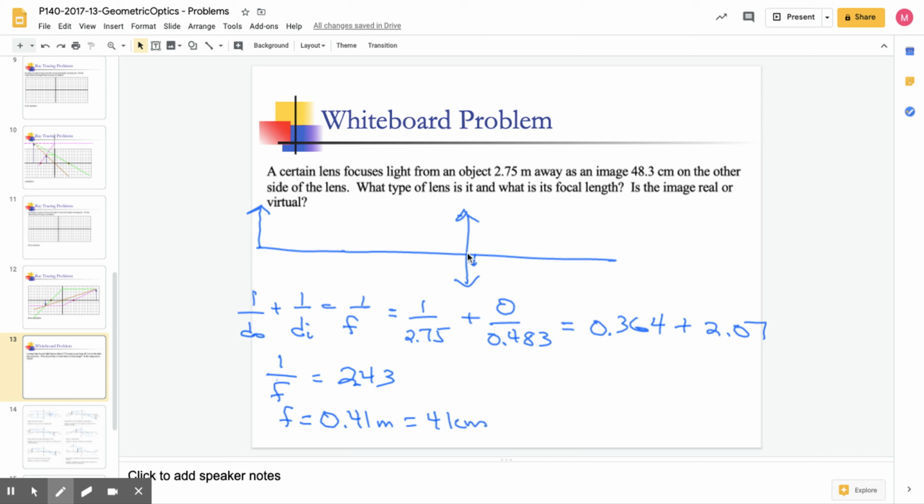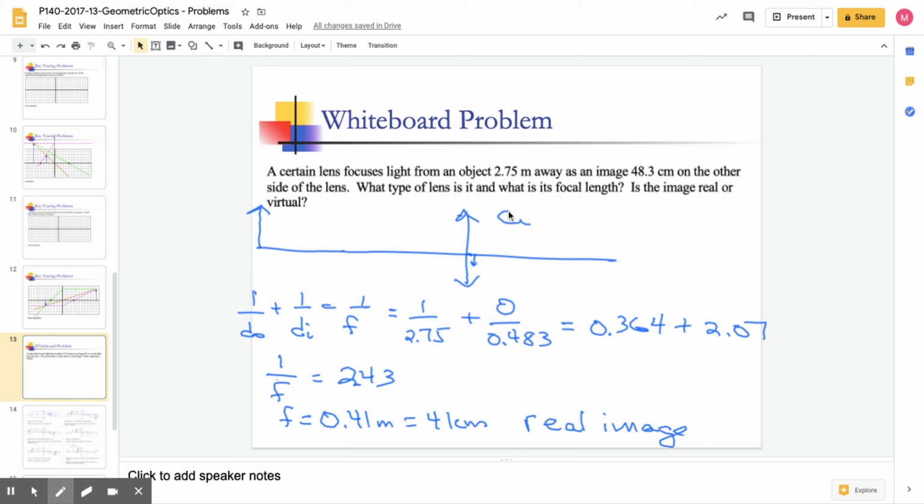So our focal length is inside here. You can see I'm going to have a focal length that's right there on my image, in between the lens and my image. And like I said, it's definitely a real image.